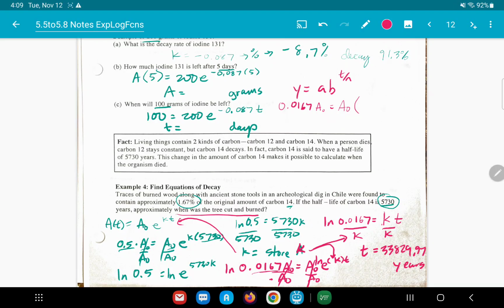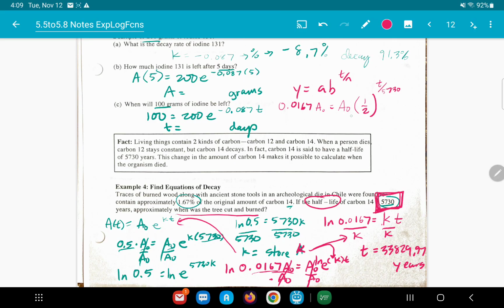And since we have half-life, half-life basically means that the substance gets cut in half. So we'll have half to the power of t over n. And I'm just going to go ahead and fill in my variables here. Since we're looking for how long, that is t, and the half-life itself says that we're going to get half of the substance in 5,730 years. So I just put 5730 there.